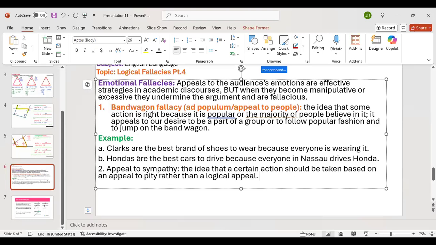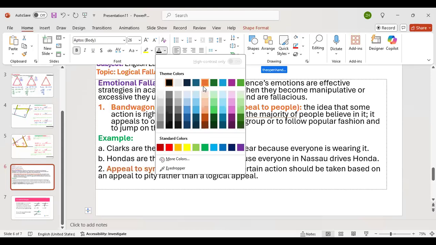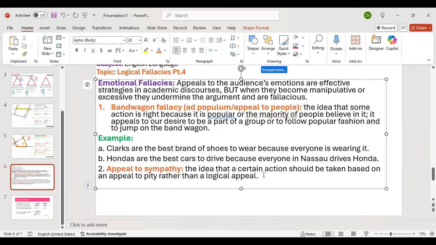That means we should feel sorry for you. Go ahead, Amaya, read the definition. The idea that a certain action should be taken based on an appeal to pity rather than a logical appeal. Very good. So let me give you an example.